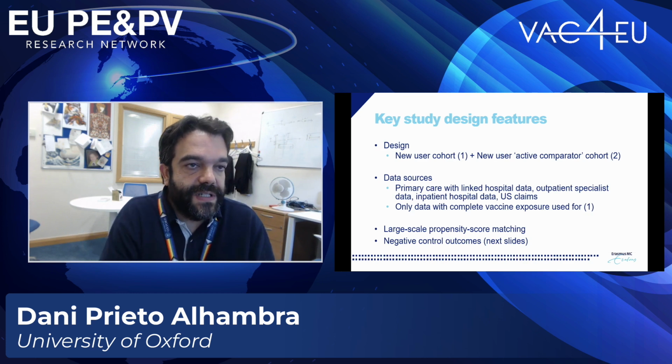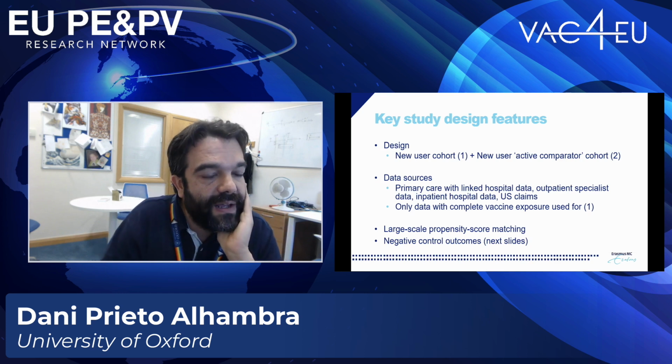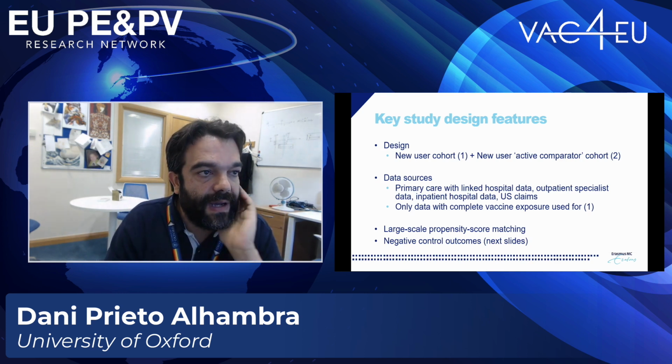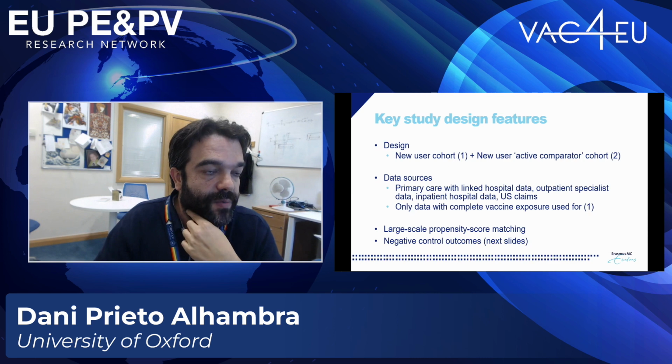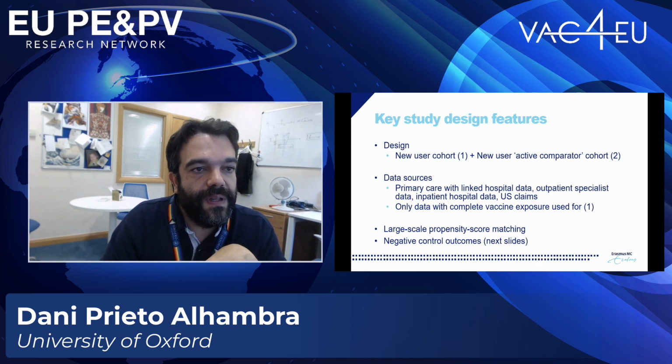So the key design features of our study: we used a new user cohort for objective 1 and a new user active comparator cohort, if you like, for objective 2, because we had 2 different vaccines in that case. For the new user cohort, where we compared vaccinated to unvaccinated, we matched on the day of the vaccination, and the unvaccinated were matched on the same date as the matched pair. The data sources we used have been very well exposed by Katia before, so I'm not going to expand on that.